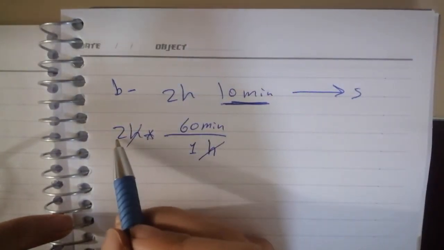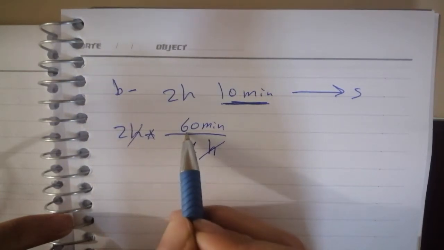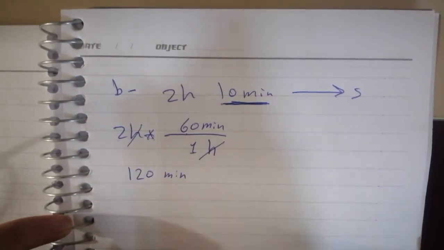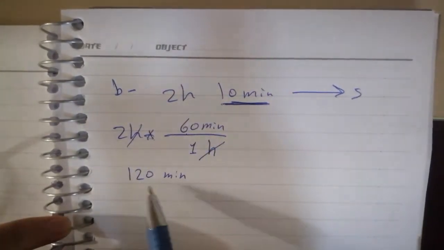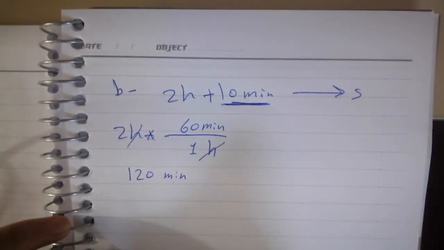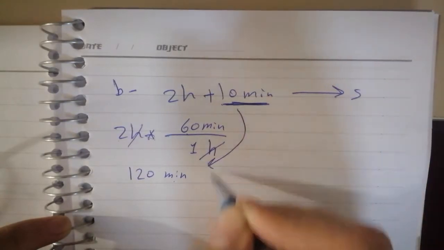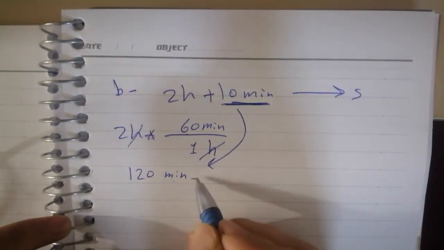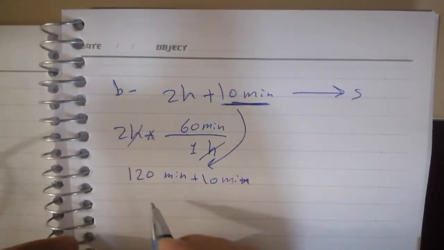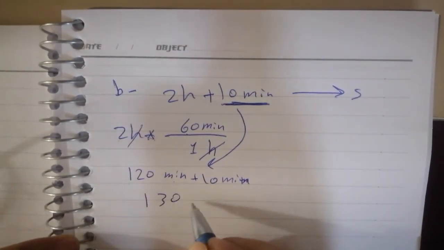So 2 multiplied by 60, I get 120 minutes. 2 hours is 120 minutes. But I have an extra 10 minutes as well, so 120 minutes plus 10 minutes, I got 130 minutes.